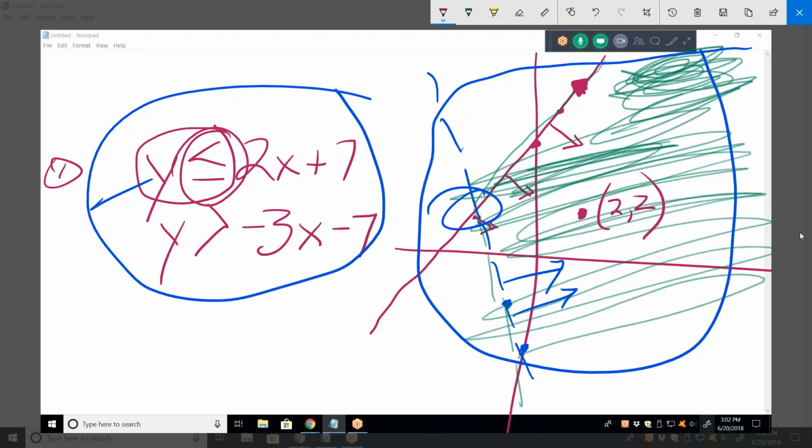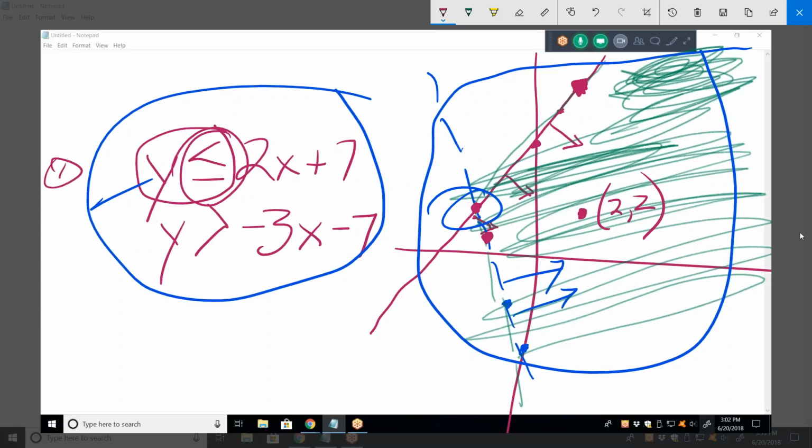But if it was dotted, no. Exactly. If I put a point right there, that is not in the solution.